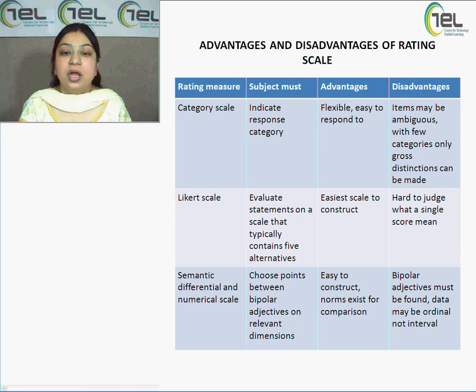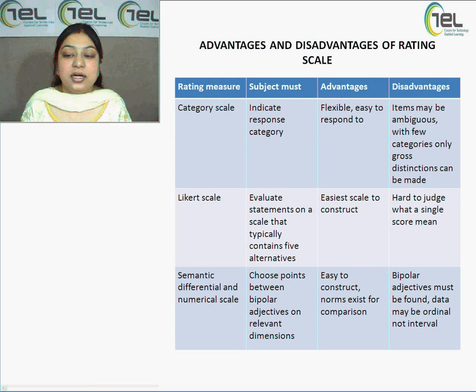Now, what are the advantages and disadvantages of these rating scales? First, we will study the category scale. Under the category scale, we indicate a response category, and the advantage of this is that it is very flexible and easy to respond to. The disadvantage of the scale is that the items may be ambiguous.